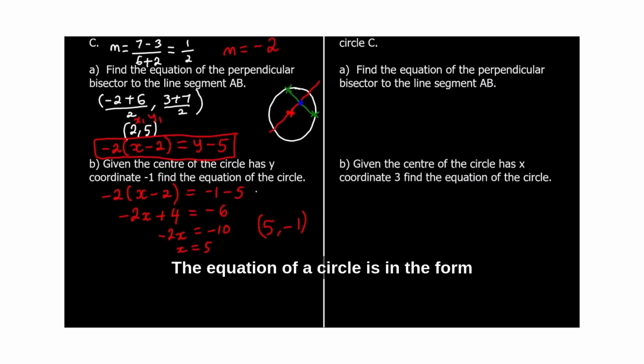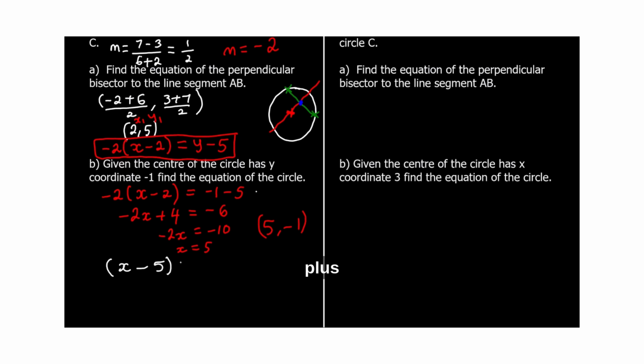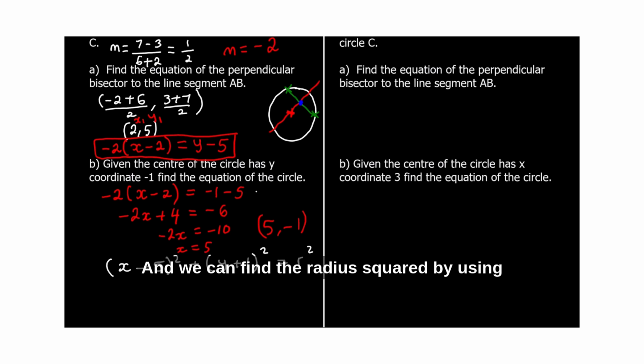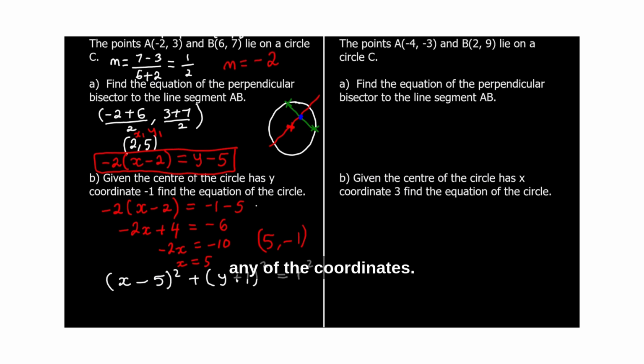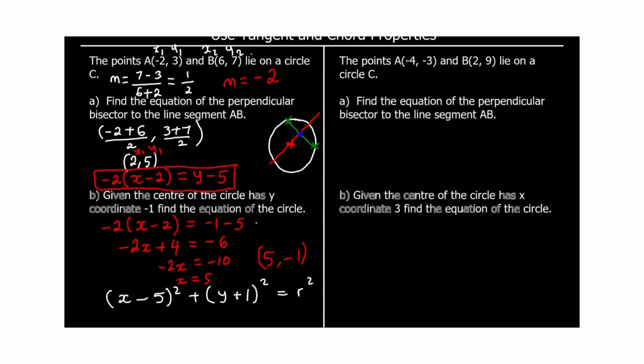The equation of a circle is in the form x minus a squared plus y minus b squared equals the radius squared. So we know the equation of the circle is x minus 5 squared plus y minus minus, so plus 1 squared, equals the radius squared. And we can find the radius squared by using either of the coordinates. So let's use 6, 7.